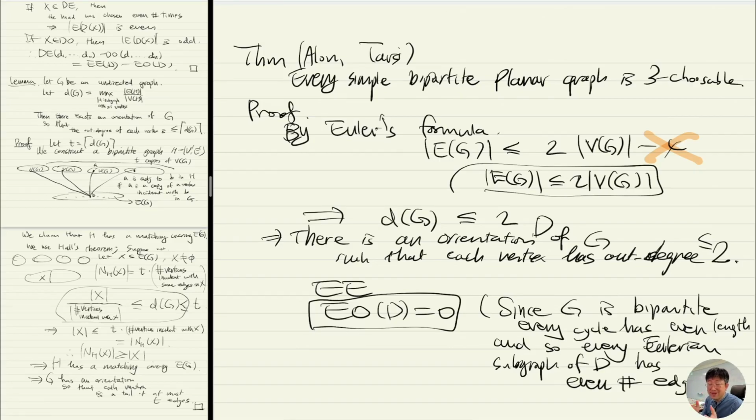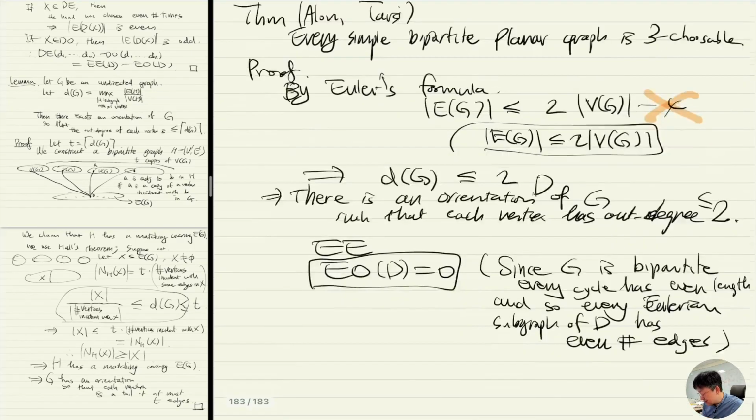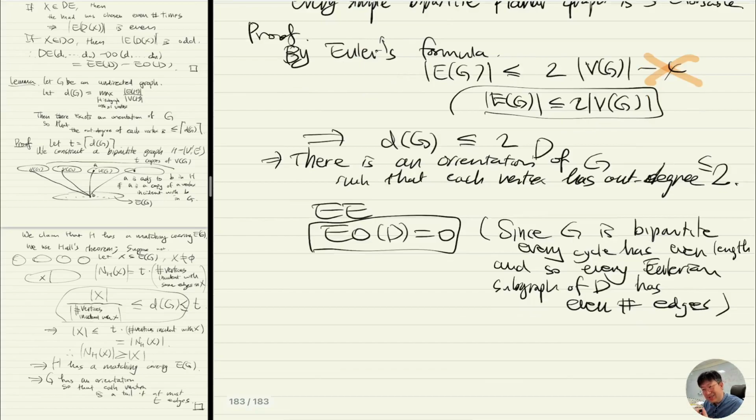Whenever you have an Eulerian subgraph, you can decompose it into an edge-disjoint union of directed cycles in D, and each directed cycle in D has even length, so therefore the number of odd Eulerian subgraphs is 0.